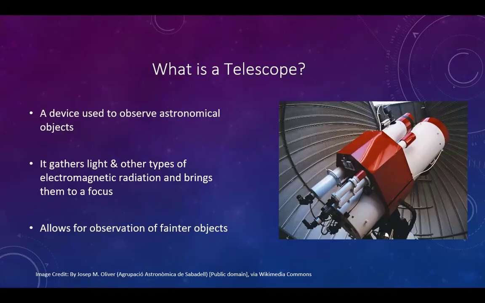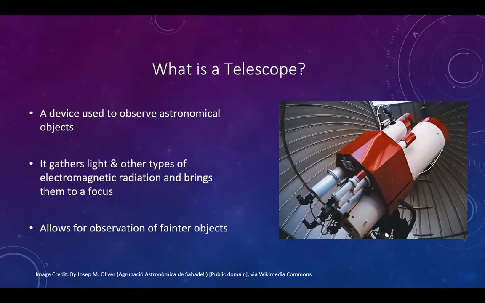You can make a telescope with lenses, you can make a telescope with mirrors. But the main idea of what a telescope is as a tool in astronomy is we have a big area that light is coming in, and we focus all that light down into a small area so it can be detected easily, because we're trying to look at very faint things.